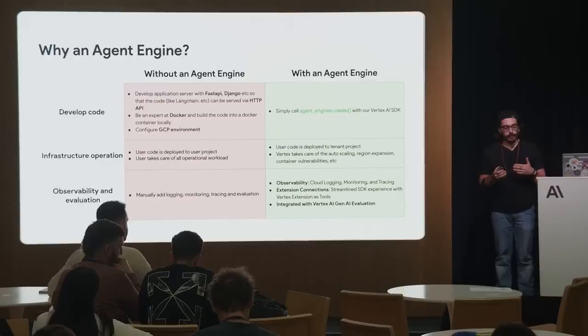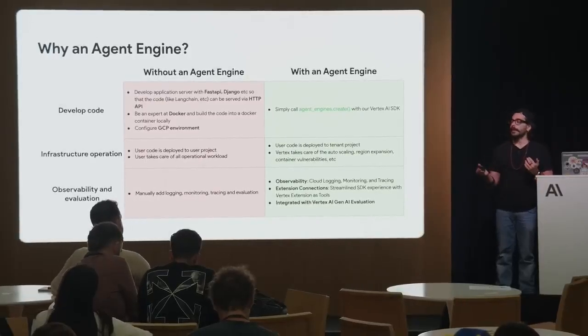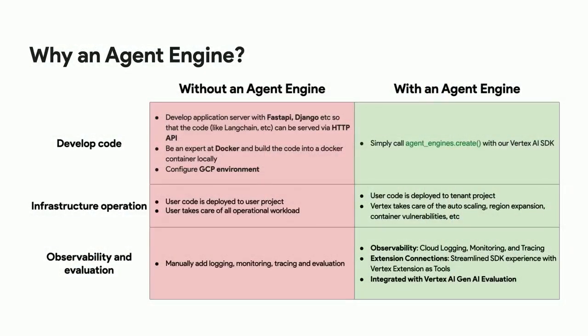Essentially, when you need to deploy agents at scale, you need to figure out a lot of complexity, right? You need to get your agent code. You need to wrap the agent in one of those services like FastAPI or Django. You need to build your container, and then you need to figure out your environment to run it. In this case, it can be a GCP environment.